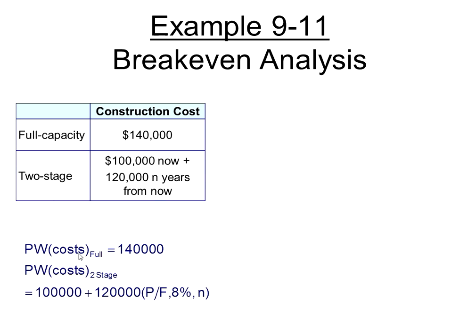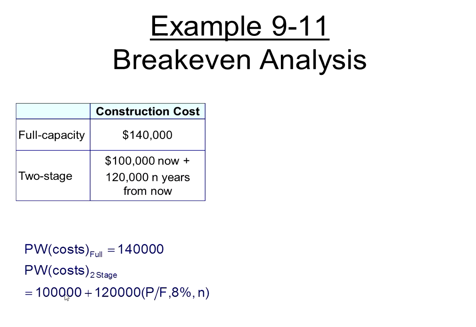So the present worth of full construction is $140,000. And then the present worth of cost for two-stage is going to be the $100,000, which is already present, plus this additional future amount n years from now.